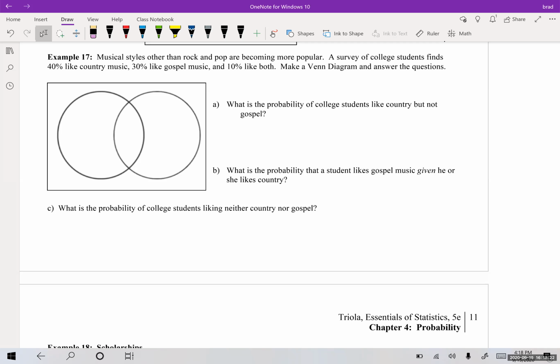In the Venn diagram, we are going to fill in some probabilities that we know.